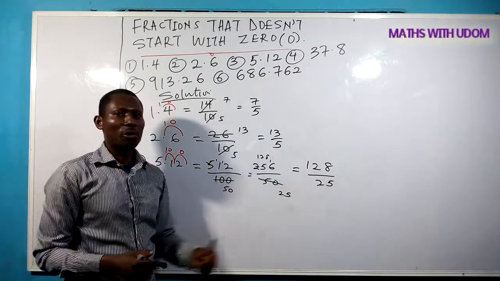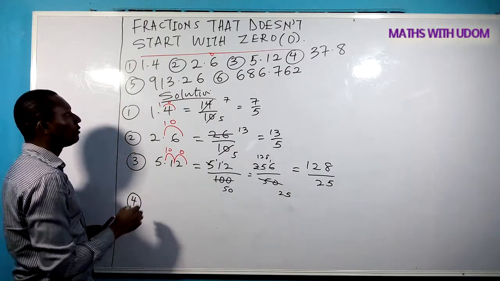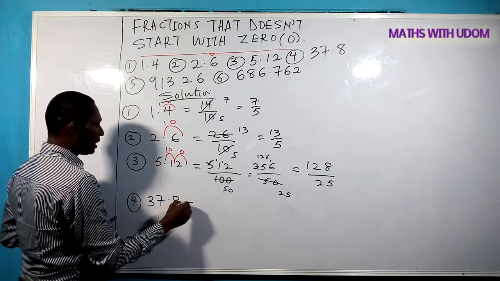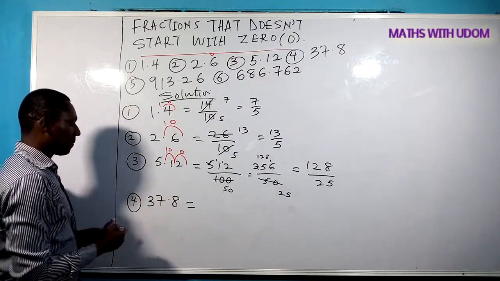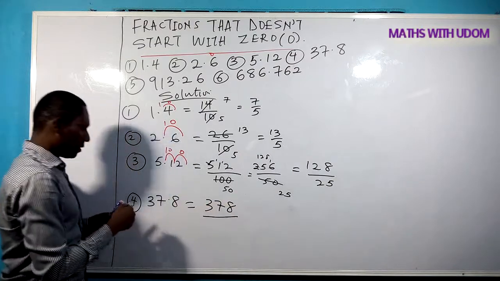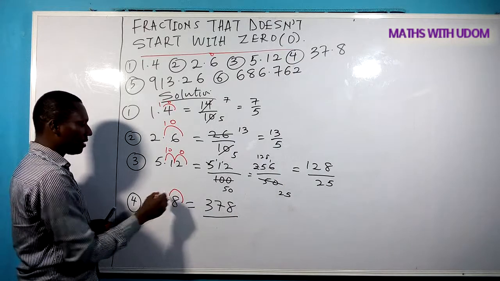And the next example, number 4, we have 37.8. This can also be written as 378 divided by what? Okay, let's move from here to the decimal point.